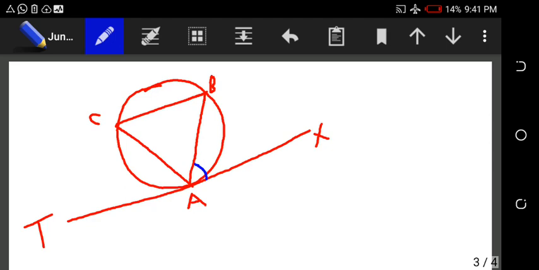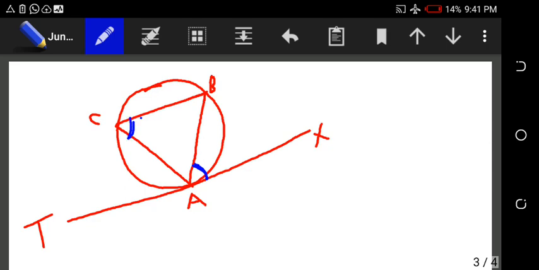Now mind you, this angle formed between the chord and the tangent falls within the region of the minor segment, as we saw before. So the alternate segment to this minor segment is this bigger region. The angle made by this chord and the tangent is equal to the angle made by the chord in the alternate segment, and that is the angle here.